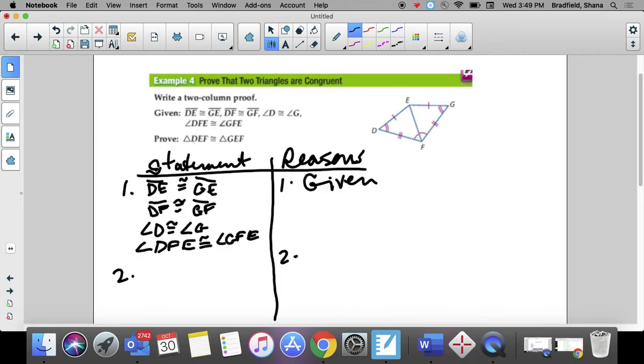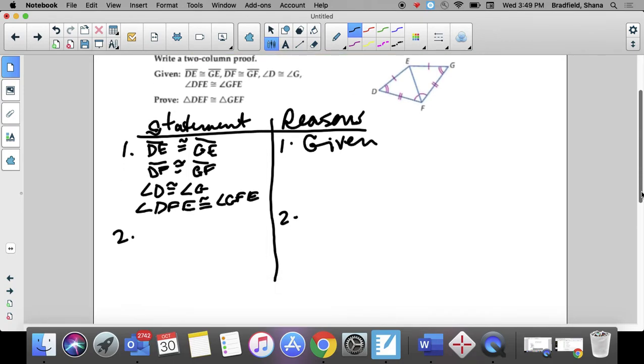What I want to show is that the triangles are congruent. So in order to show that my triangles are congruent, I need to know that all of the corresponding parts are congruent. So in my 2 triangles, I know that I have 2 pairs of corresponding angles that are congruent.